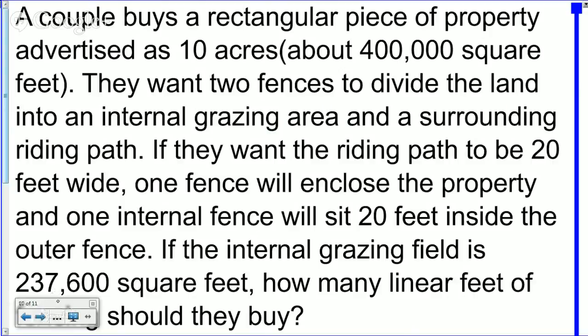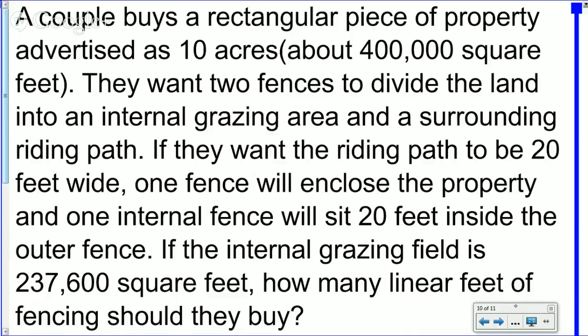Okay, so applications are really where we're going to use these systems of nonlinear equations. So I've got one here. A couple buys a rectangular piece of property advertised as 10 acres, which is about 400,000 square feet. They want 2 fences to divide the land into an internal grazing area and a surrounding riding path.